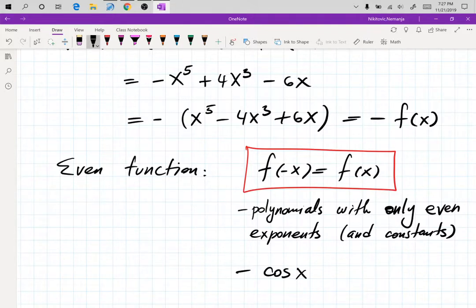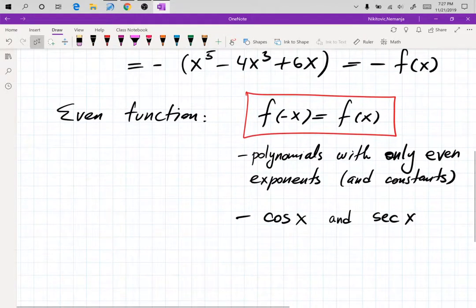Cosine x and secant x are even. The other ones as well, but these ones are actually the ones that are useful.